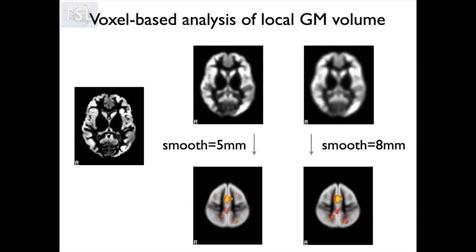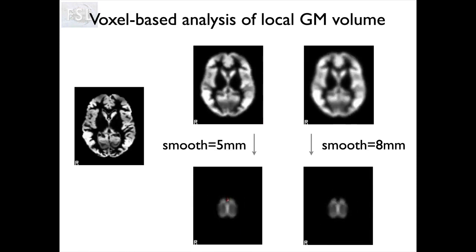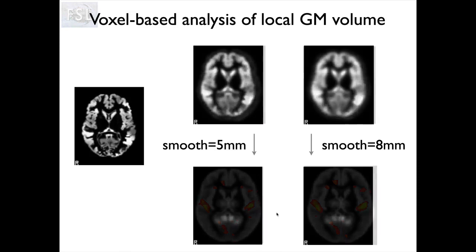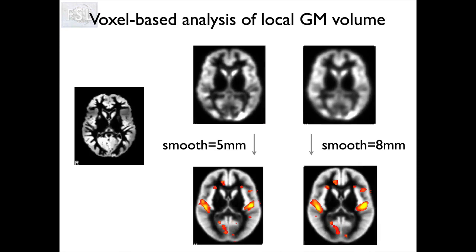It simply changes the relative sensitivity of the method to different sizes of area. And so it's useful to have a look and really to try and match the amount of smoothing more or less to the size of the change that you're looking at. But there are other considerations, and I would recommend that you read some of the literature on this if you are going to get into this area of doing voxel-based morphometry.